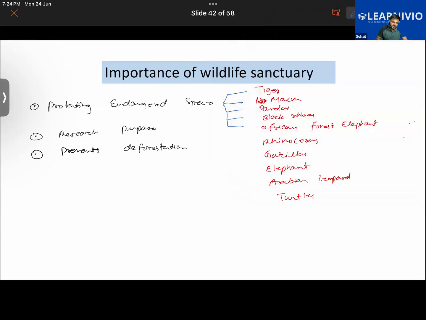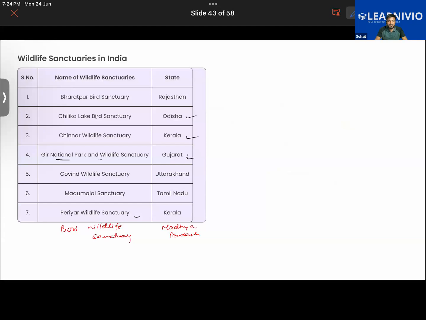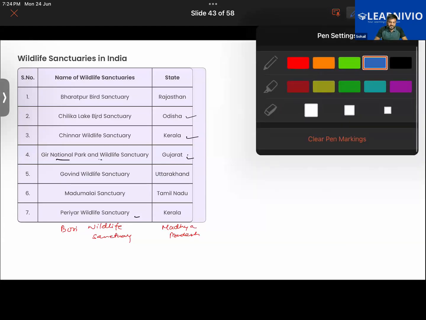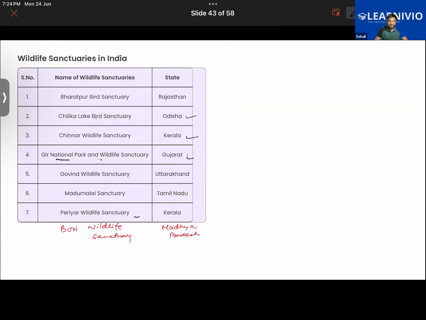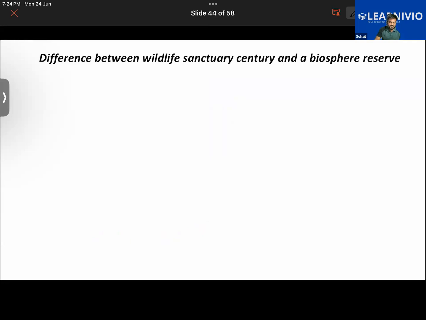What are some of the important wildlife sanctuaries we have discussed? These are some of the important wildlife sanctuaries in India. There are so many of them, like Bharatpur Bird Sanctuary and Bandipur Wildlife Sanctuary, etc. So that's all about the wildlife sanctuary.